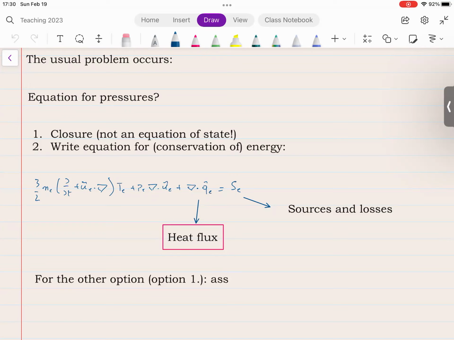I need to assign some function f of N, E, and P. In principle, this could actually include something else, but we're not going to get into that level of detail here. That could be, for instance, P over N to the gamma is a constant, or something of that kind.